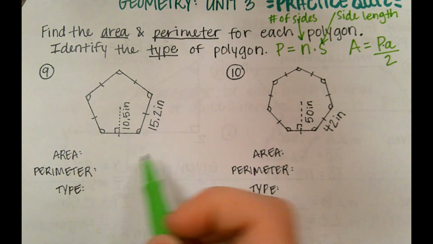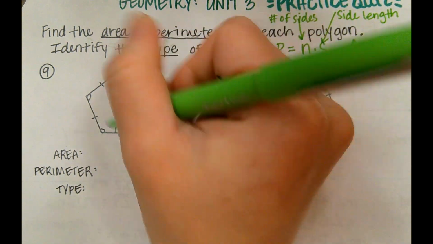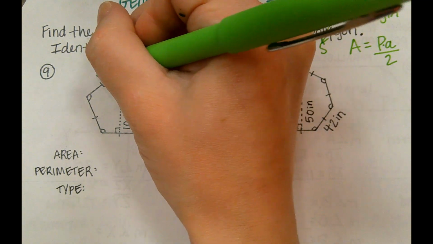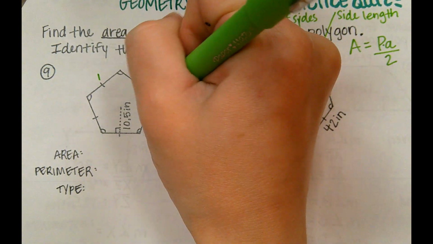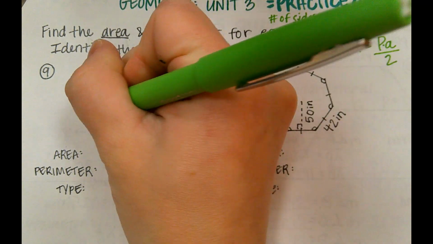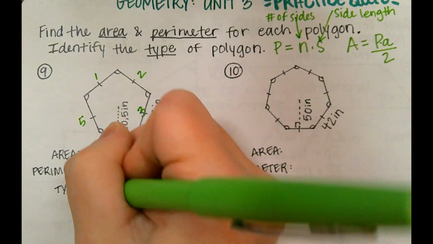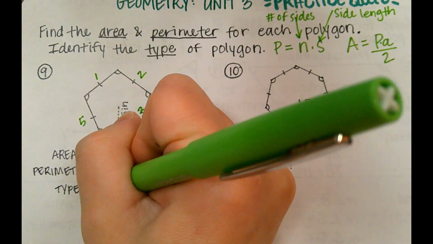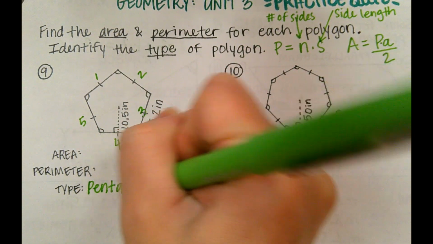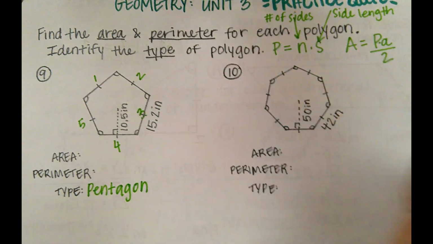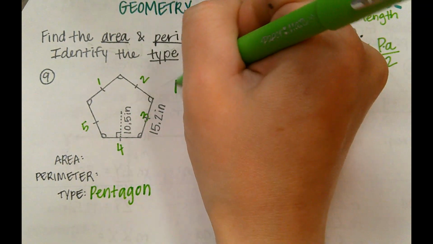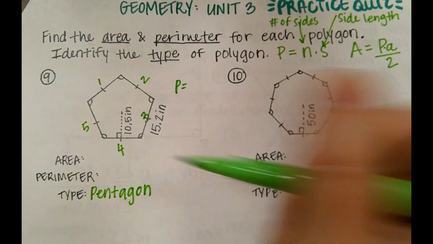So for my perimeter here, how many sides do I have? You have 5, which makes it a pentagon. Good. 5 sides, so I know already that it's a pentagon. I can go ahead and write the type in. And then I'm going to put this in my perimeter formula.